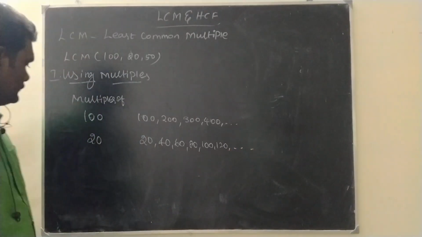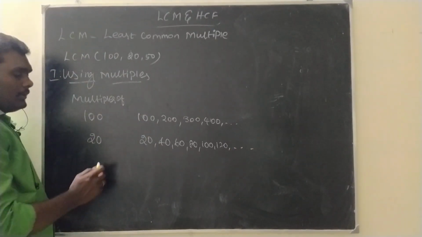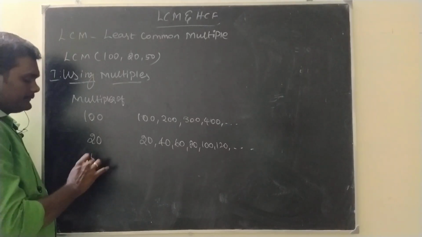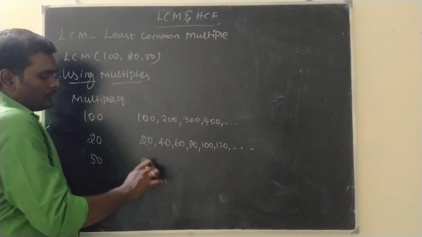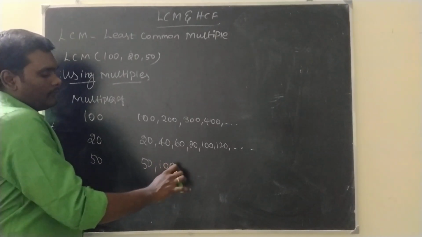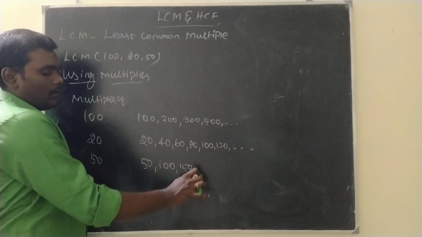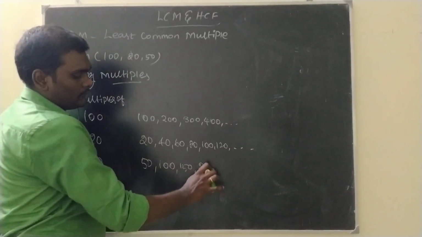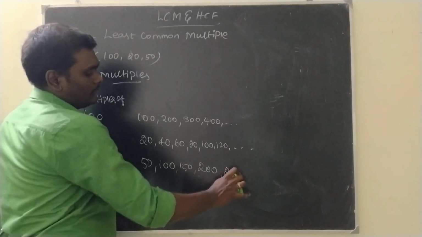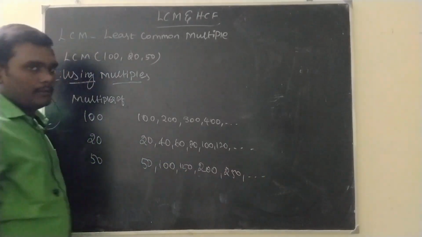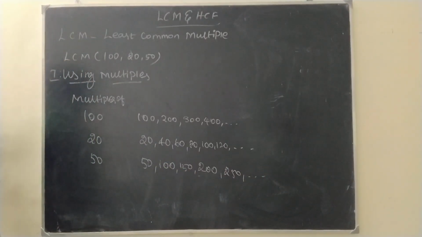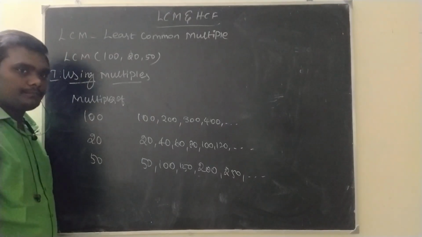It goes. And then what are all the multiples of 50? 50, 100, 150, 200, 250 and so on. Okay. Now these are all the multiples.